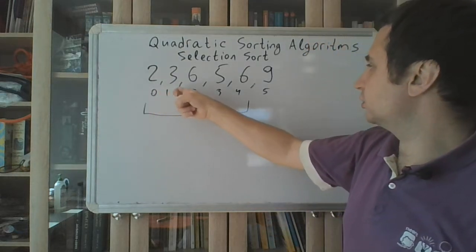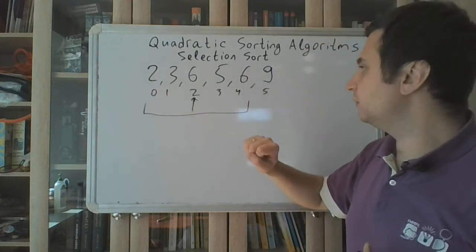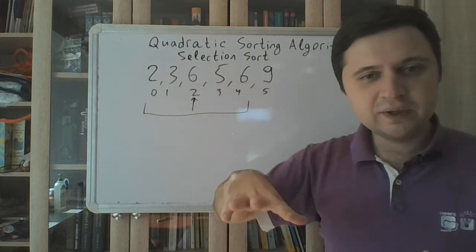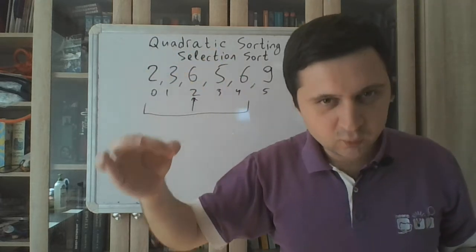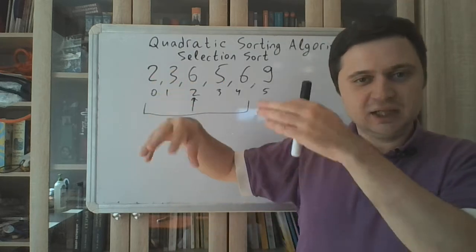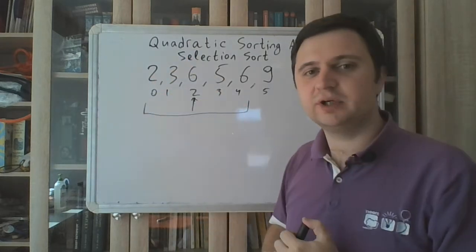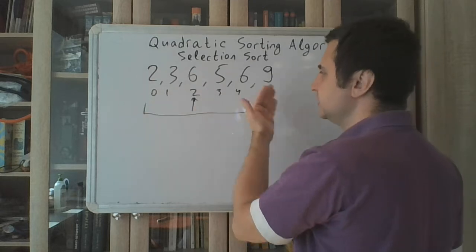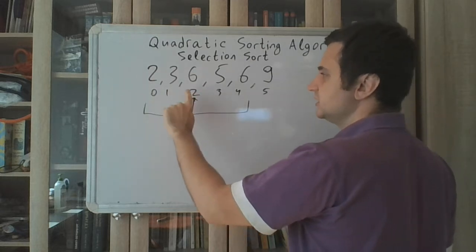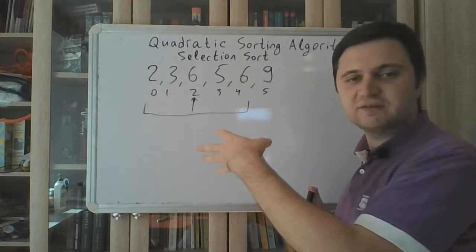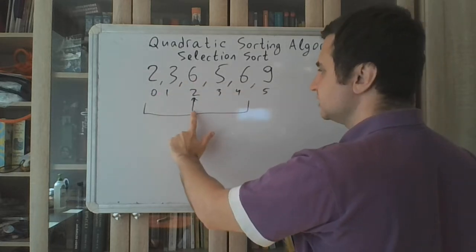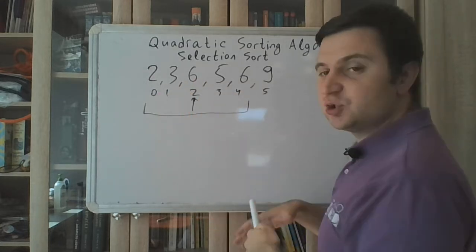So we search for the index of the maximum, and for now it is not important which 6 I select. We'll talk about equal elements later at some point, but now let's say that our simple maximum search says that index 2 has the maximum. It's the largest number that we have seen. So we remember this index 2 as the maximum, and we do the swap.